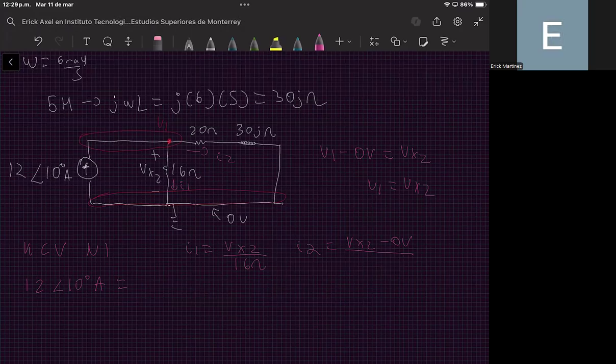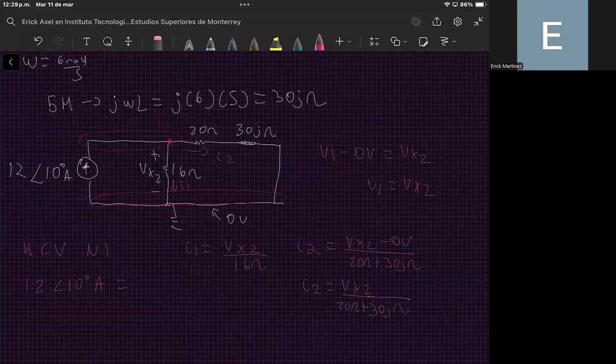We can compute the equivalent impedance of the 20 ohm resistor and the inductor, and this is equal to 20 ohms plus 30j ohms. So I2 is equal to Vx2 divided by 20 ohms plus 30j ohms.